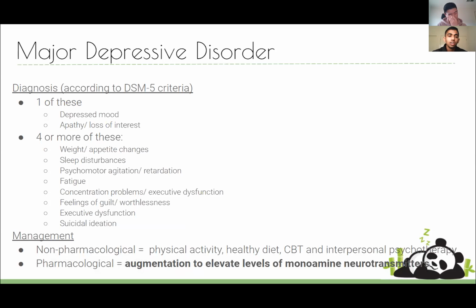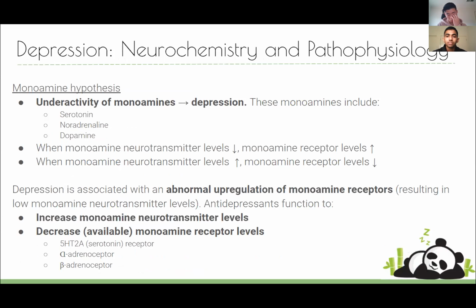our body. So in order to understand how the pharmacology works, we need to know what the pathophysiology is. Depression happens because we do not have enough monoamines in our system. No monoamines means depression. When we have low amounts of monoamines in our body, we're going to upregulate our monoamine receptors. When we have high amounts of monoamines, we're going to have low amounts of monoamine receptors.